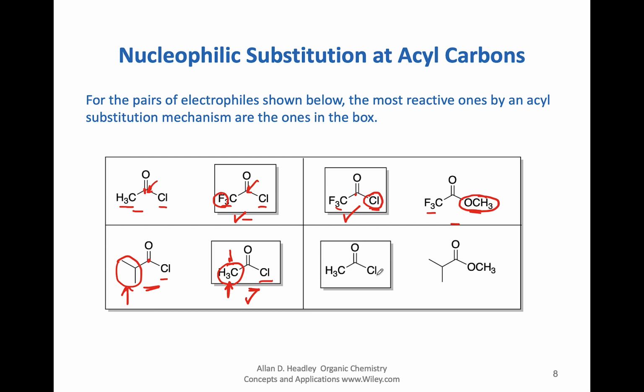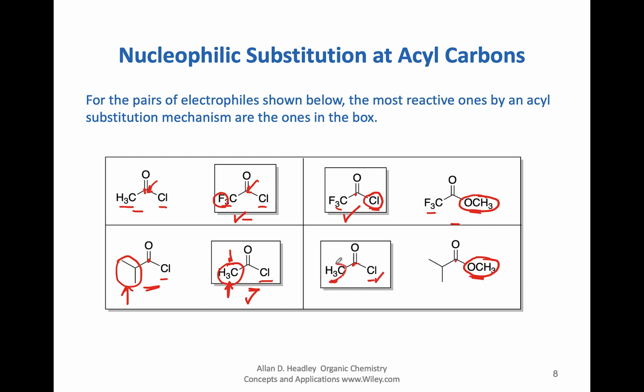Here's one, a little tricky, because the leaving group is different, and the group that's bonded to the electrophilic carbon is different for both molecules. So let's see if we can apply that knowledge to at least come up with a possible answer. So here's a poor leaving group, a very poor leaving group, and here's a good leaving group.